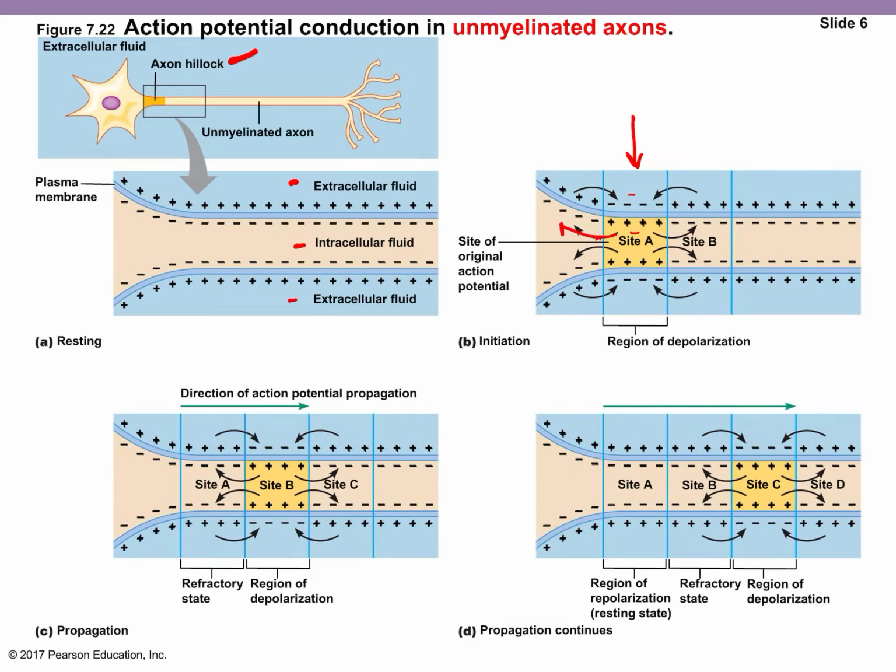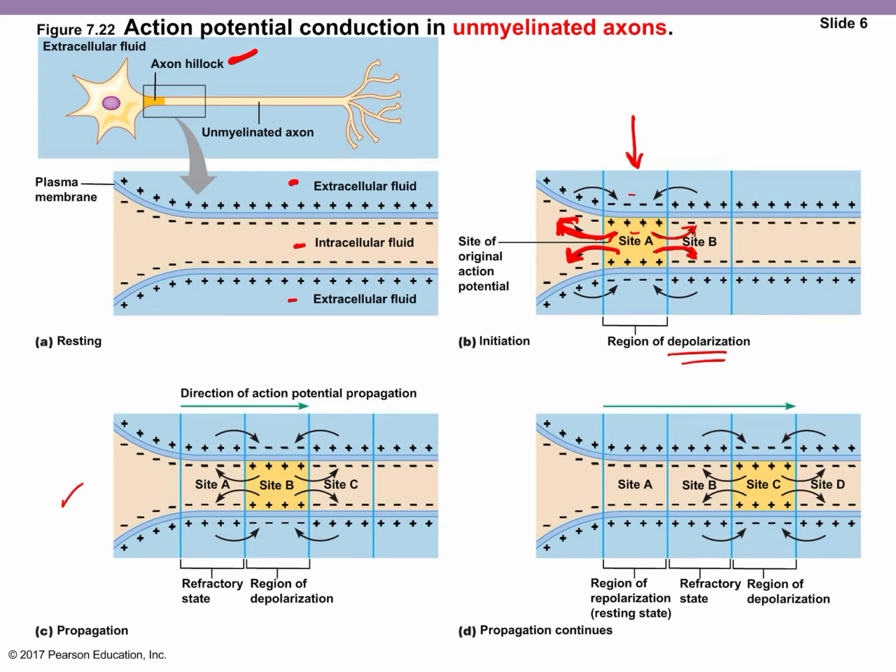Now, it doesn't move backwards because we don't have voltage-gated ion channels in the cell body. When the depolarization occurs, it's going to cause the membrane adjacent to it, right next door, where site B is, to get stimulated. The voltage-gated ion channels there will get stimulated to create an action potential.